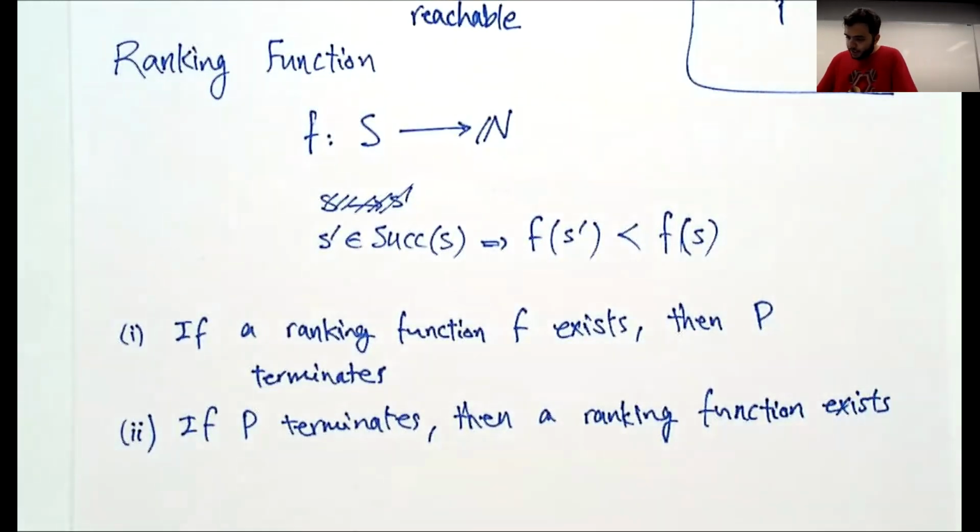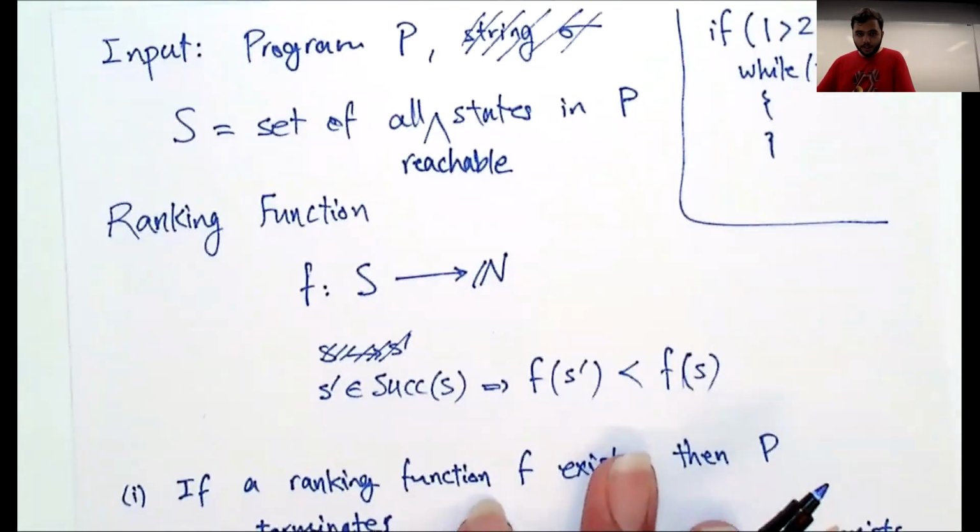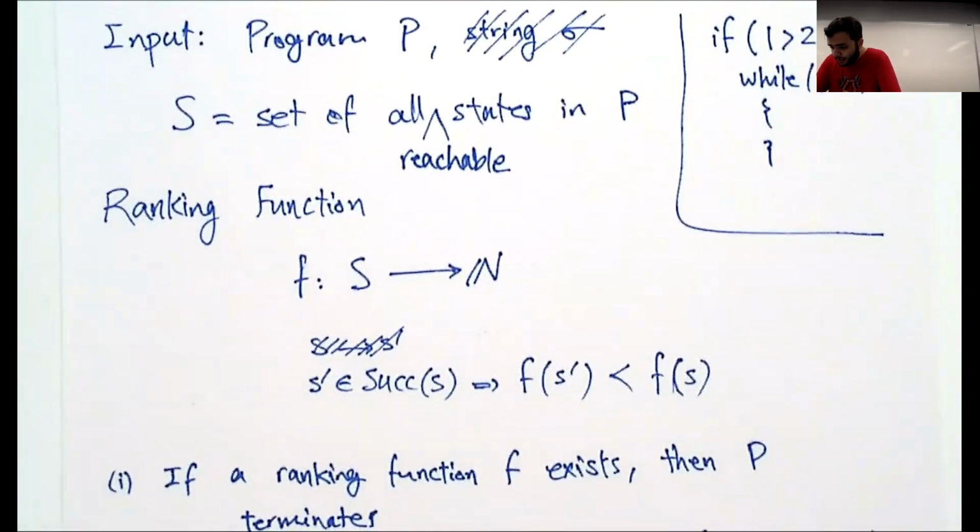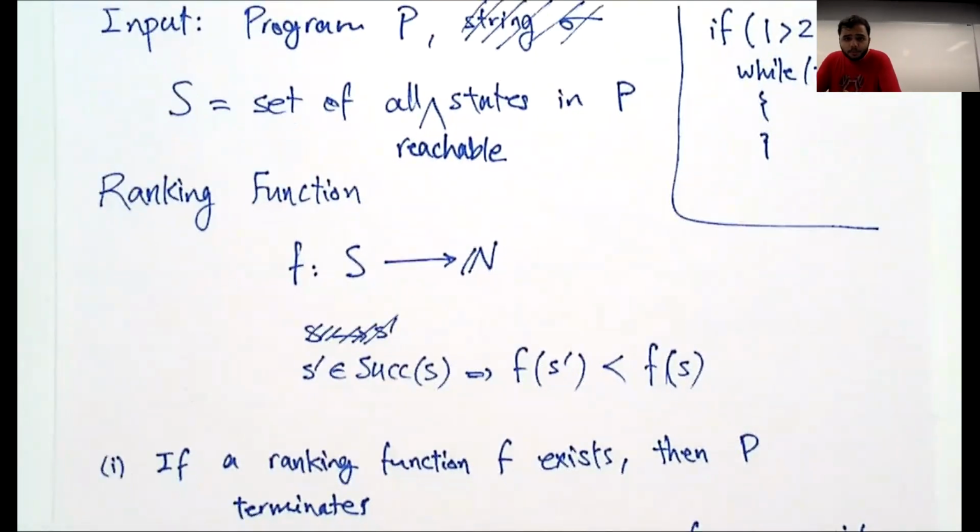So let's go back to the definition of S. S is the set of all reachable states in P. So for every state in S, there is at least some input such that if I run the program on that input, at some point I will get to this state.